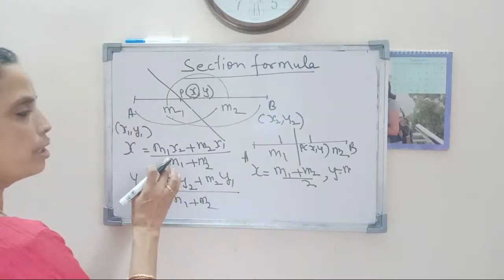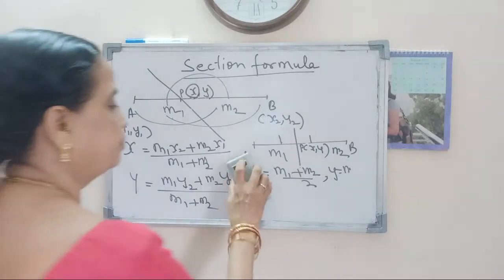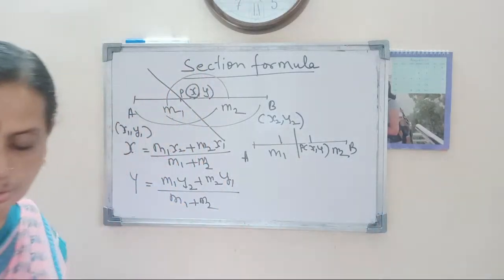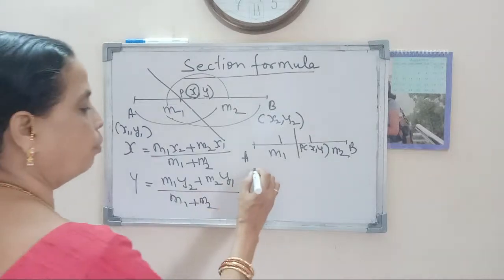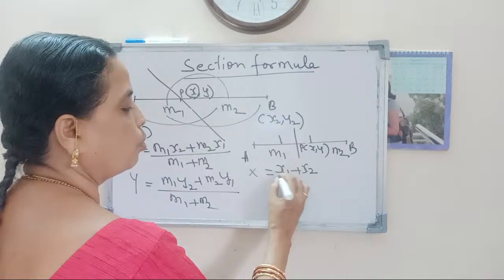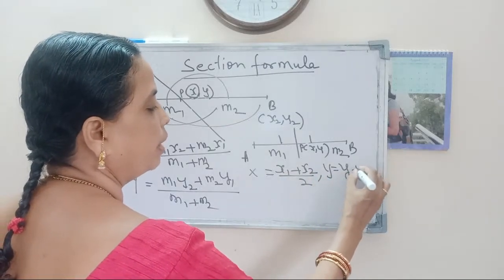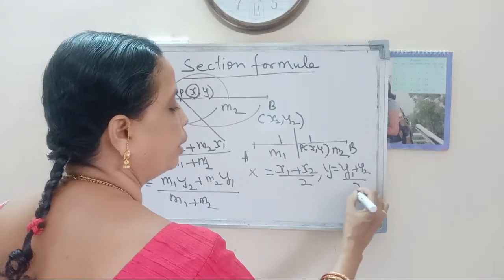The ratio is 1:1, therefore x equals x1 plus x2 by 2 and y equals y1 plus y2 by 2.